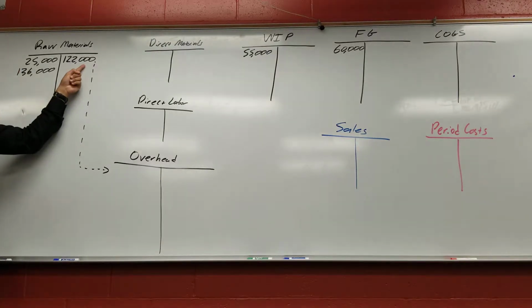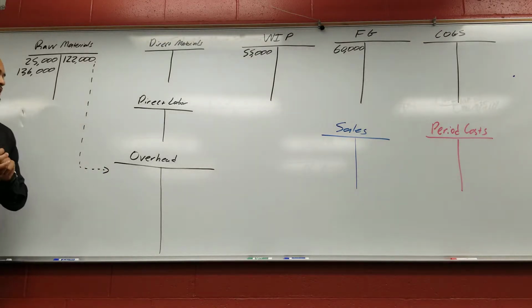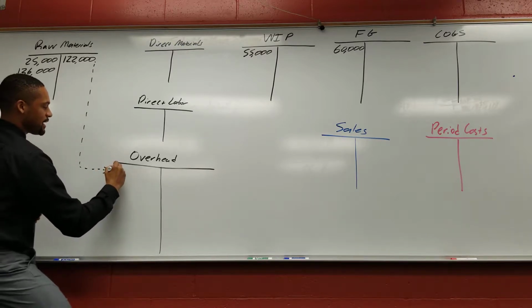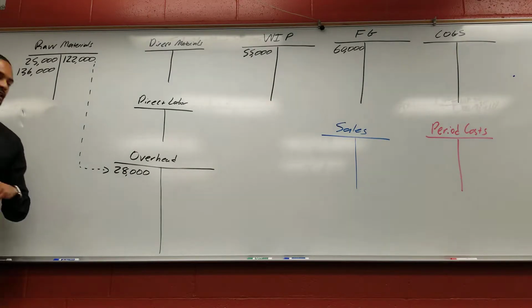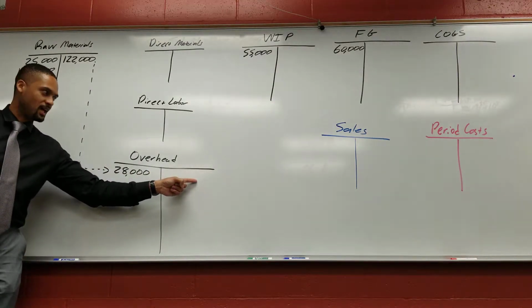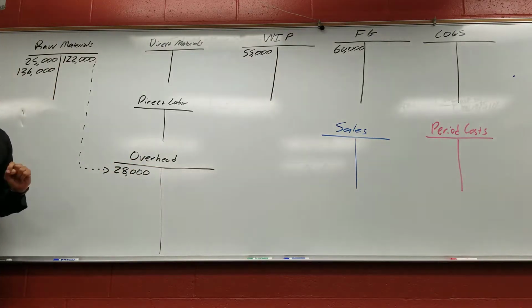And untraceable materials means it's indirect, which means it goes to overhead.